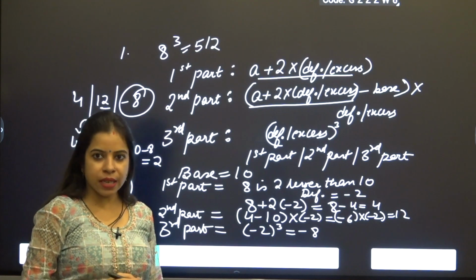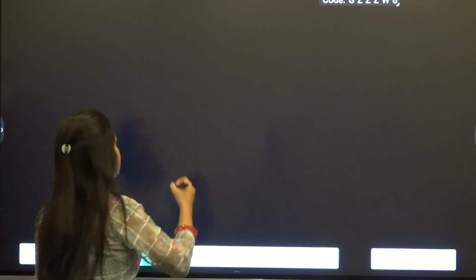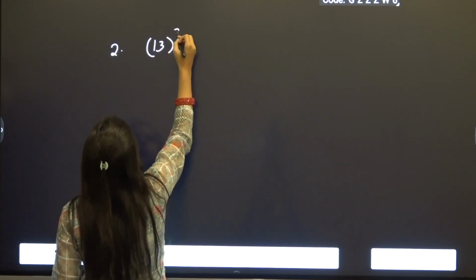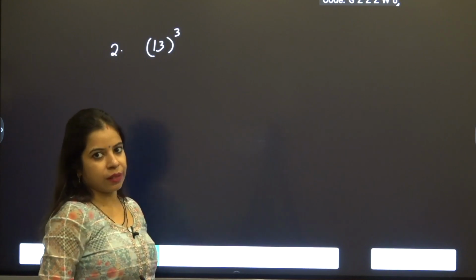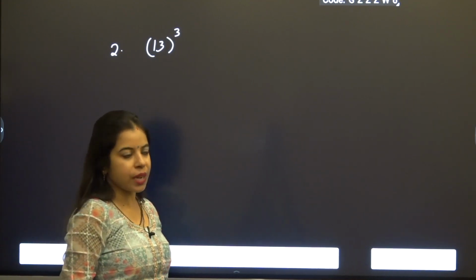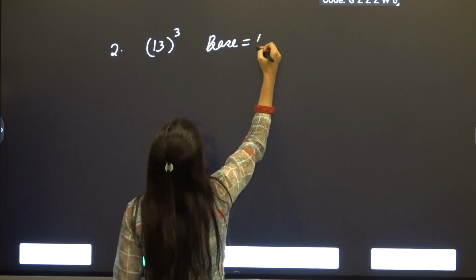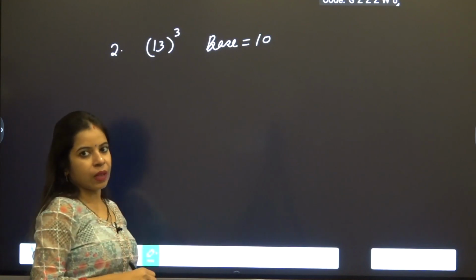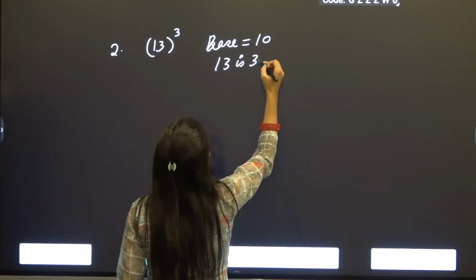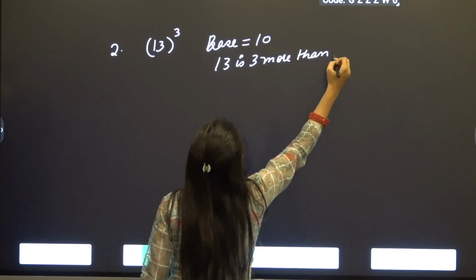Okay, let us take another example. Let's say we have to find the cube of 13. Now here I know that 13 is closer to 10. So base is 10. Also 13 is 3 more than 10.